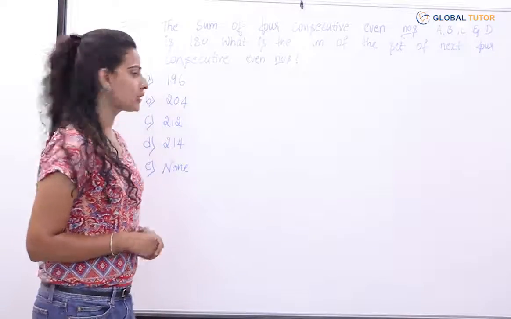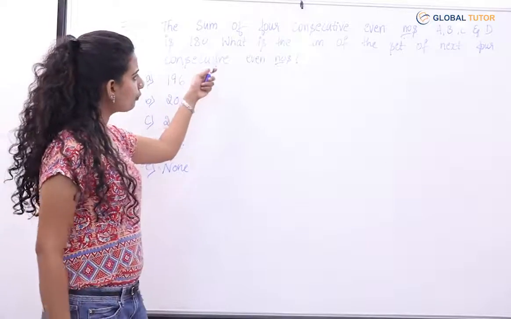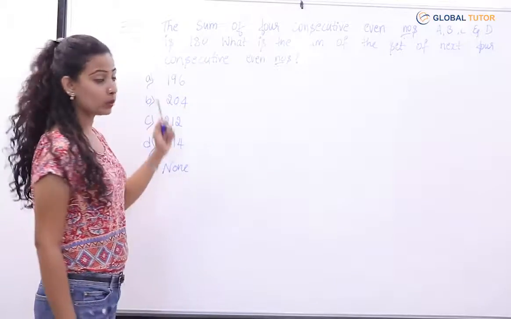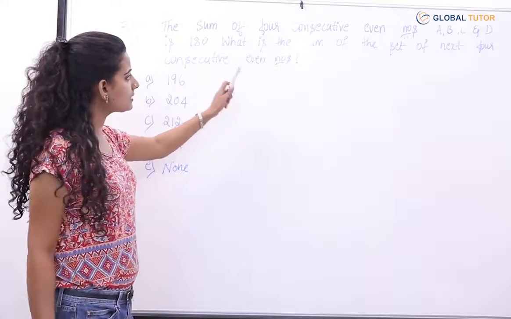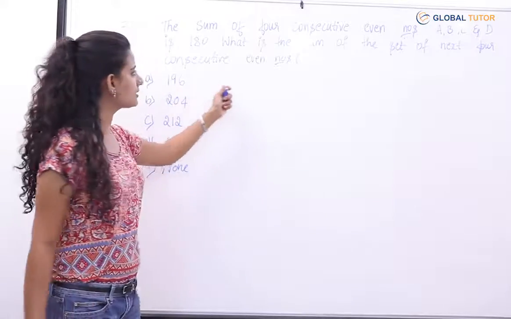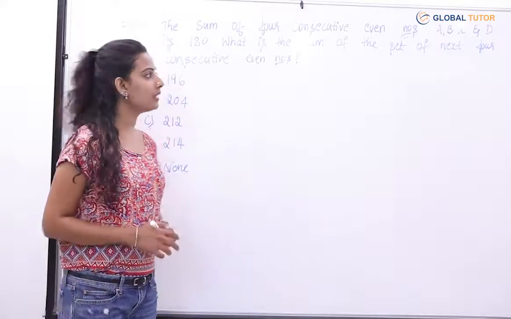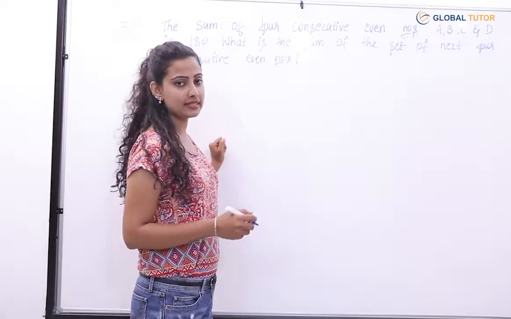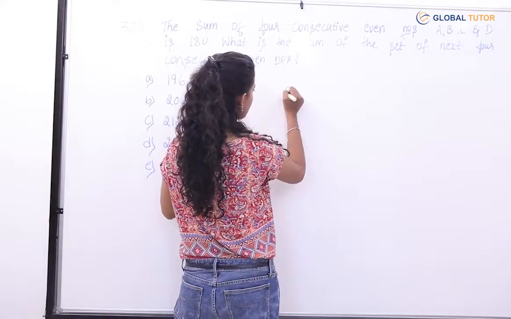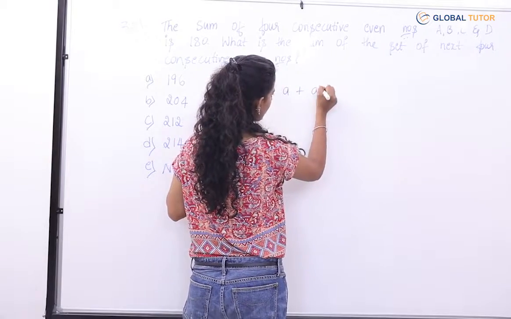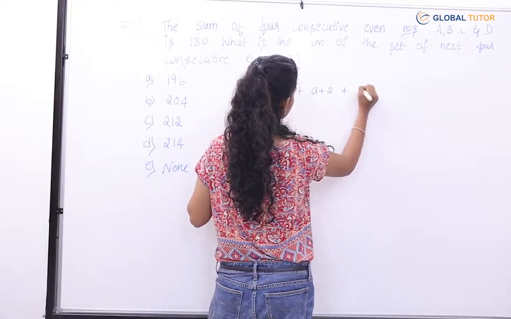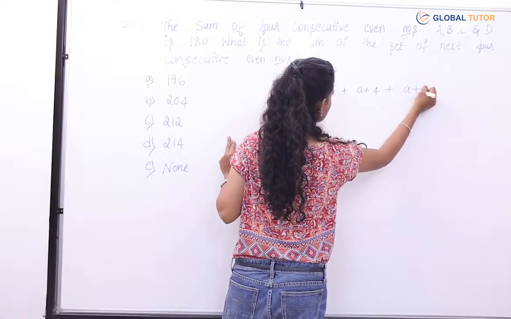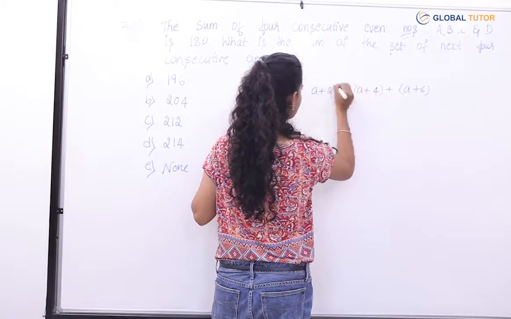Let's see the next question. The sum of 4 consecutive even numbers A, B, C and D is 180. What is the sum of the set of next 4 consecutive even numbers? Now, we can write the sum as A plus A plus 2 plus A plus 4 plus A plus 6, right?